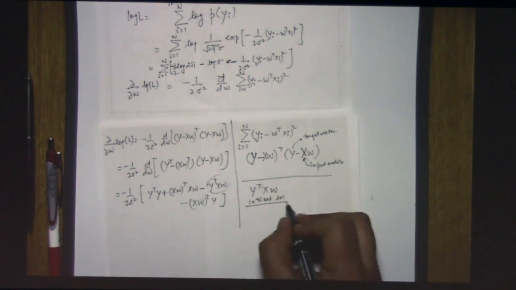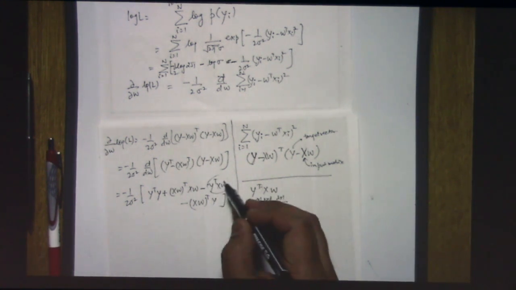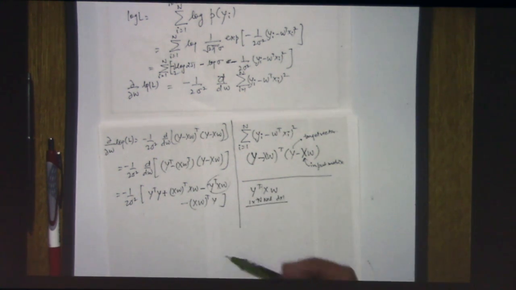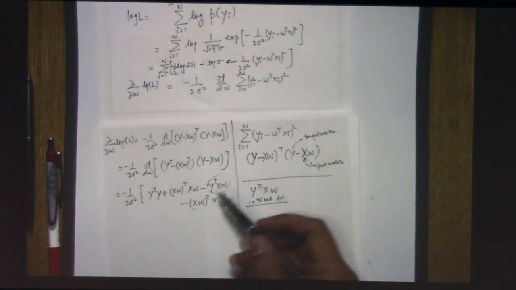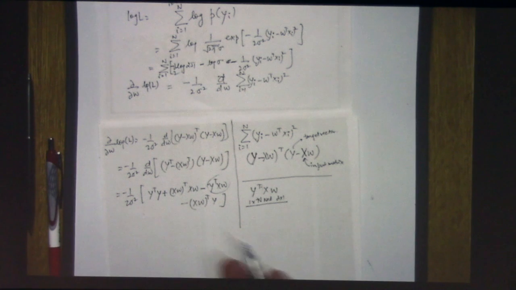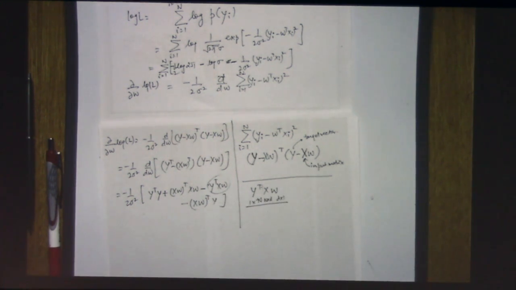If you multiply it, it's a scalar value, which means that this term and this term would be the same, because one is essentially the transpose of the other, and the transpose of a scalar is the same value. This is just a simple matrix trick that we're going to use to make our life a little easier.